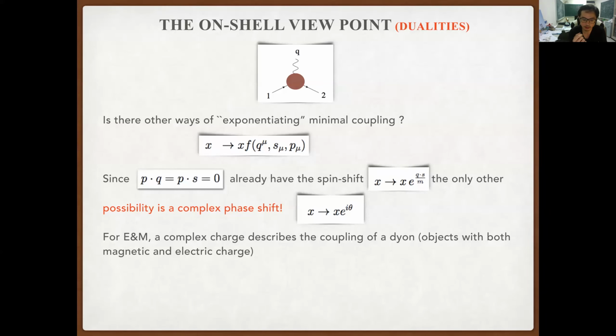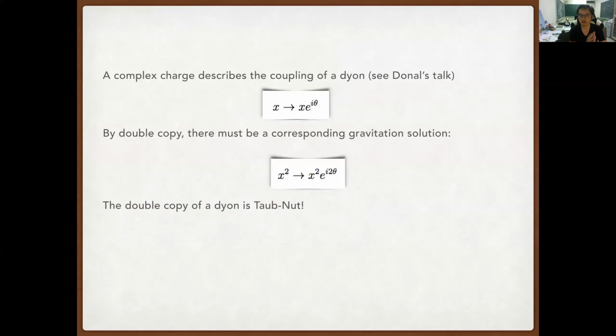We already heard from Donald's talk that in the electromagnetic, electric coupling case, doing this constant phase shift goes from an electric charge to a dyon. So through the double copy relation, there should be a similar thing waiting for us: if you do this shift to the gravitational coupling, it generates something new.